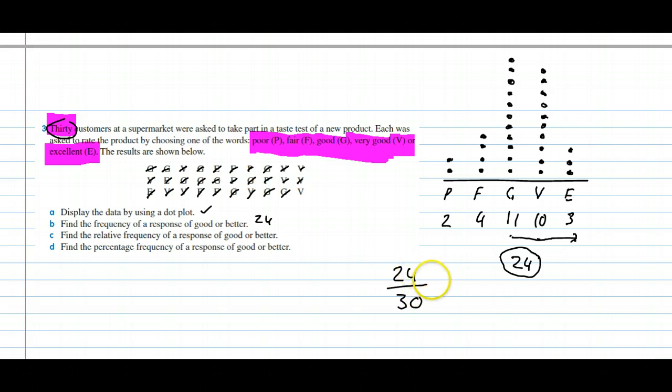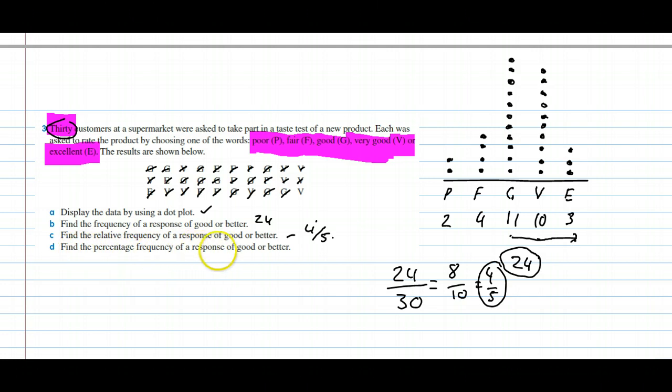So 24 to 30, we can simplify that down to 8 over 10 and 4 over 5, and that's about as simple as we can make it. The relative frequency of good scores or better to the total number of scores is about 4 to 5. 4 good or better scores for every 5 total scores.